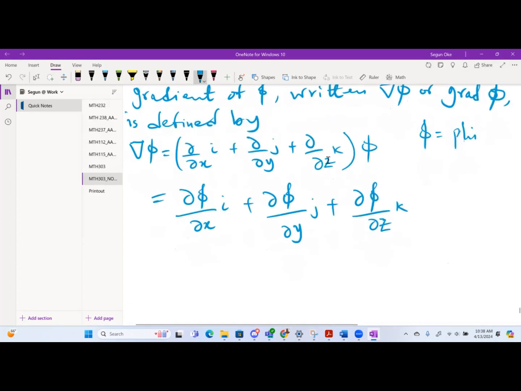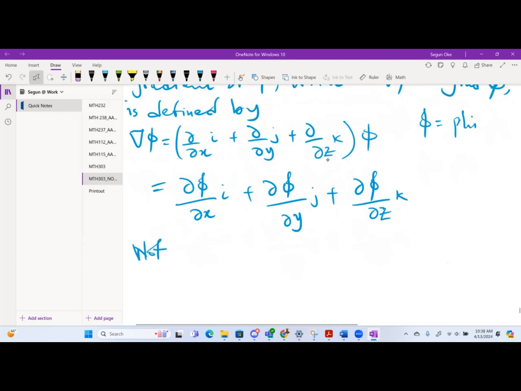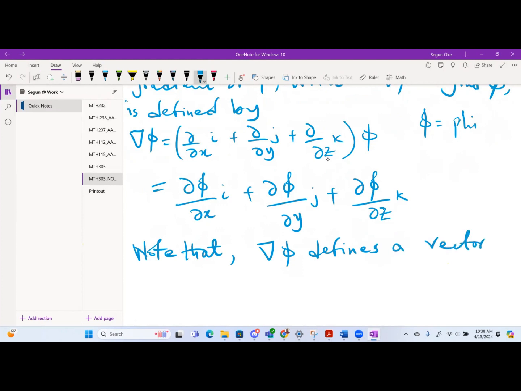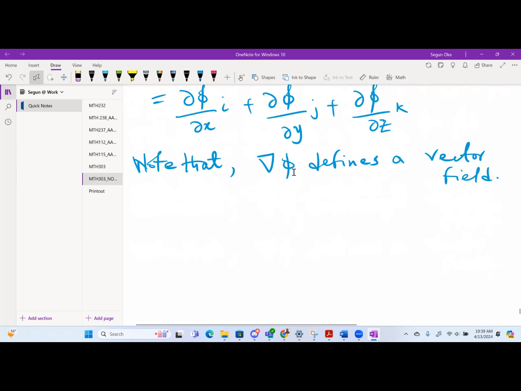Note that the phi defines a vector field. Also, the component of phi is in the direction of a unit vector. Remember, they can ask you to find a component.